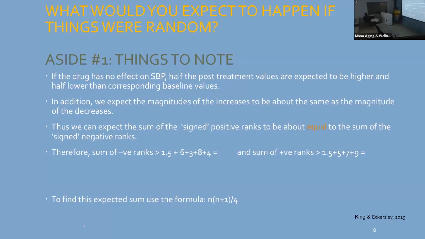Now, in real life, we always need to find what the expected sum is in the situation we're dealing with. We have a formula here that should help us find the expected sum in whatever circumstances we are in. That's the formula: n times (n plus 1) divided by 4.